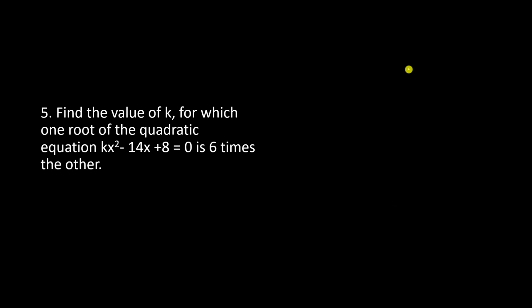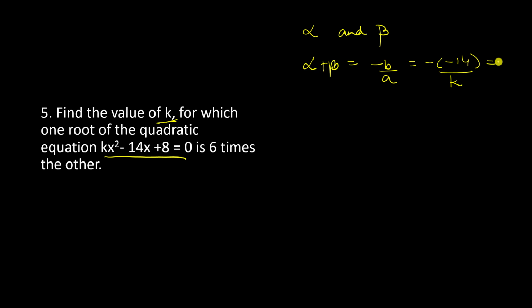Fifth question. Find the value of k for which one root of the quadratic equation kx square minus 14x plus 8 equals 0 is 6 times the other. In this case, let's consider the roots as alpha and beta. We know that sum of roots alpha plus beta would be minus b by a, which in this case happens to be minus of minus 14 divided by k, or 14 by k.